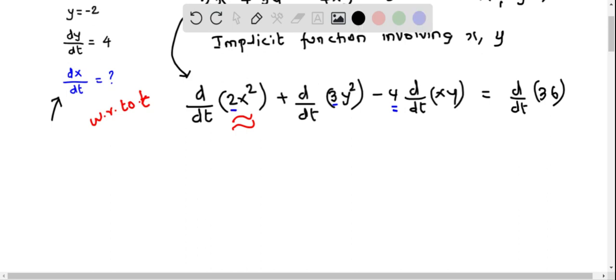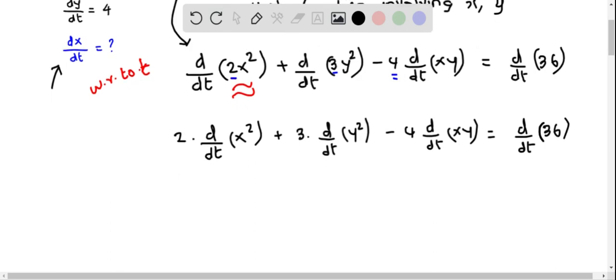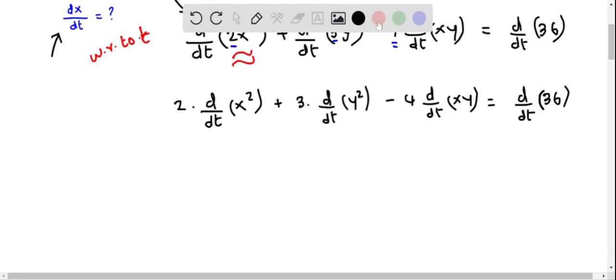So this becomes 2 times d by dt of x squared plus 3 times d by dt of y squared minus 4 times d by dt of xy equals the derivative of the constant 36. Now let's find the derivative of each term one by one.